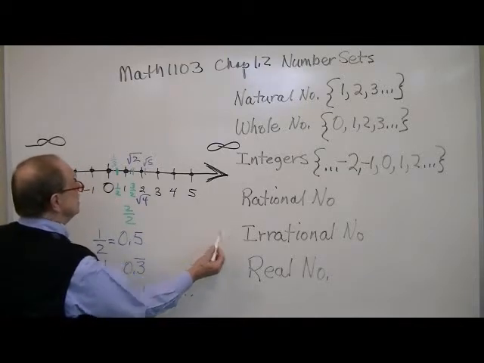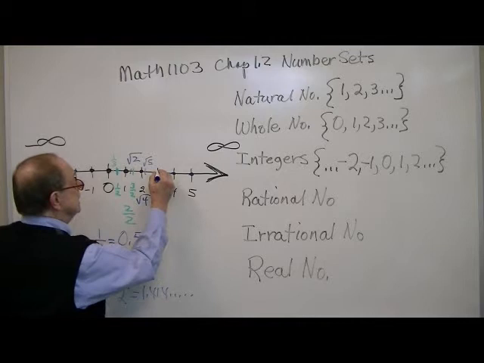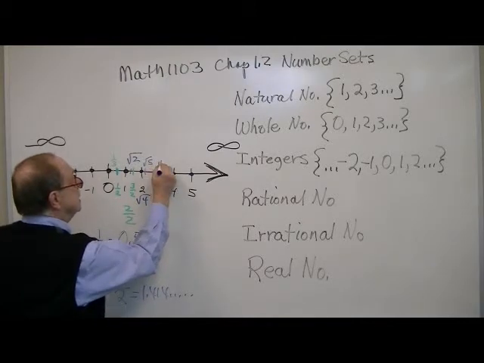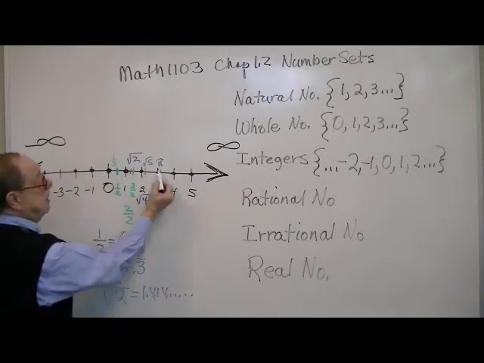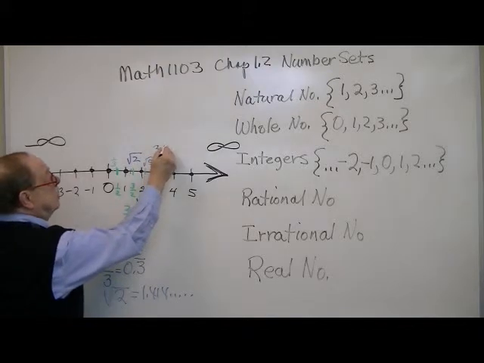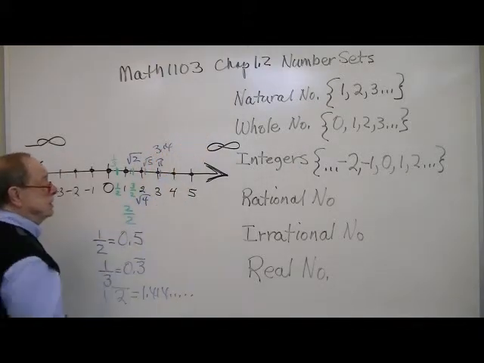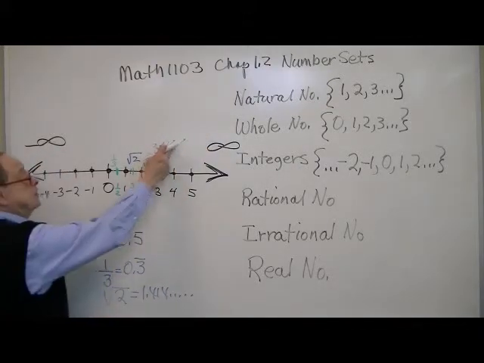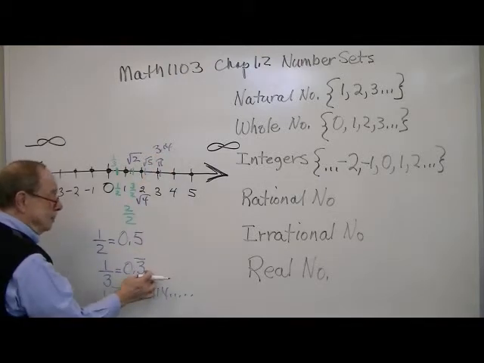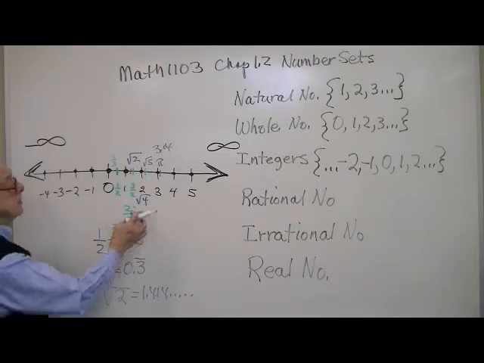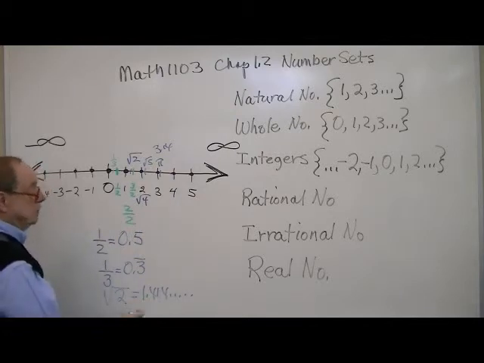Another famous irrational number is pi, which is about 3.14. But that continues too. It doesn't terminate, and there's no repeating pattern. So we say those numbers are irrational.